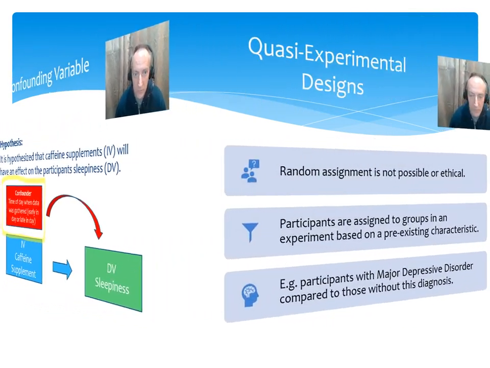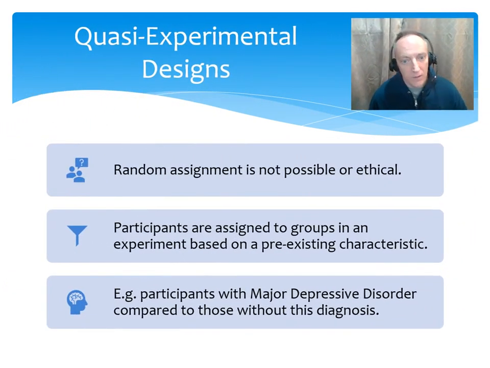Now, another variation of the experimental design is what's known as the quasi-experimental design. So we said in true experiments, a gold standard, once we have random selection from the population of people to participate in a study, then we have random assignment into the experimental and control groups.